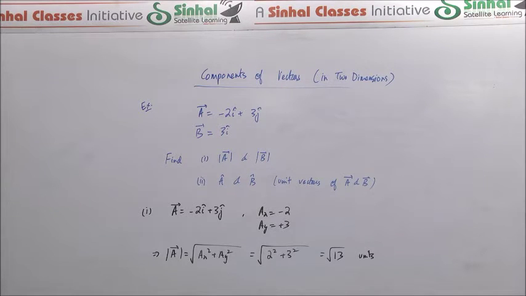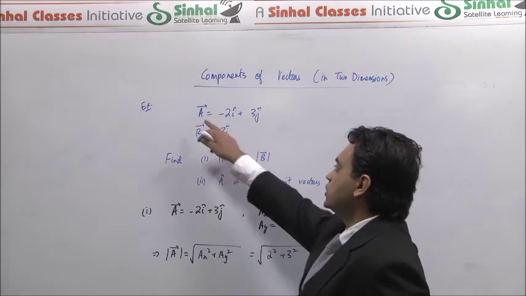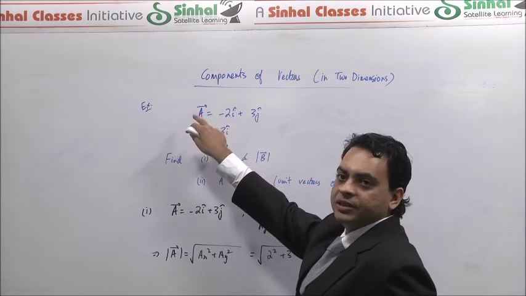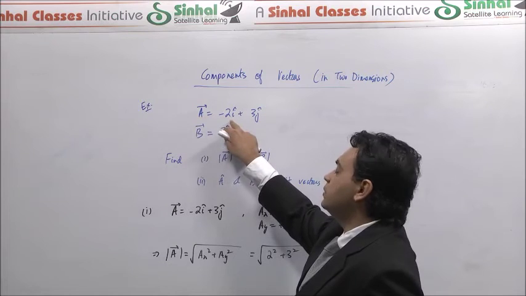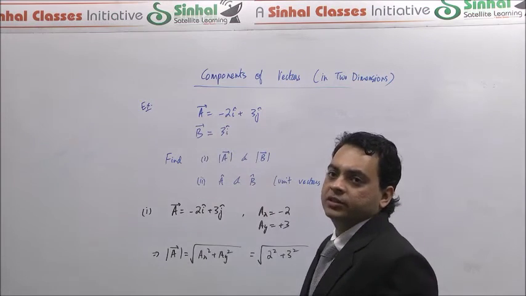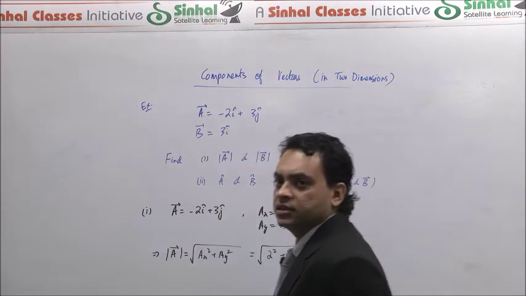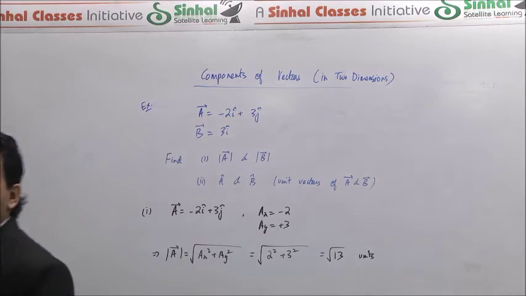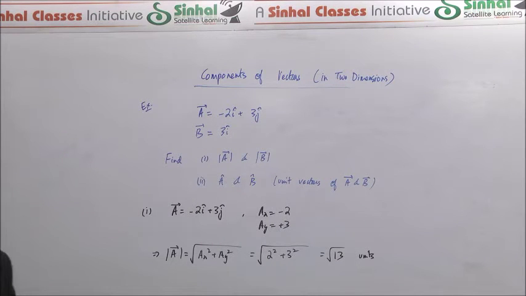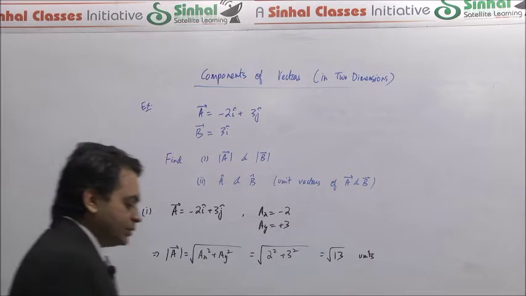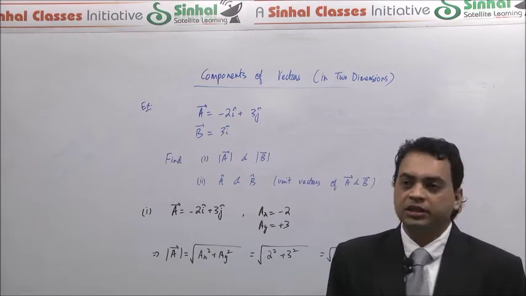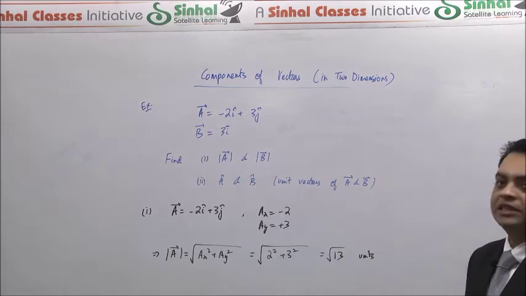For example, if the vector A represents velocity expressed in meters per second, then the component minus 2 is actually minus 2 meters per second, and the component 3 is 3 meters per second. So minus 2 meters per second, a scalar quantity, multiplied by the unit vector i cap makes it a vector, plus 3 meters per second, again a scalar quantity, multiplied by j cap, makes it another vector.